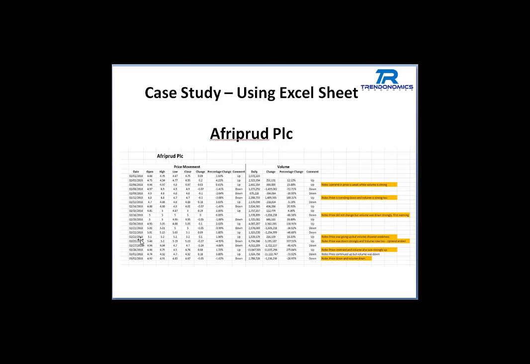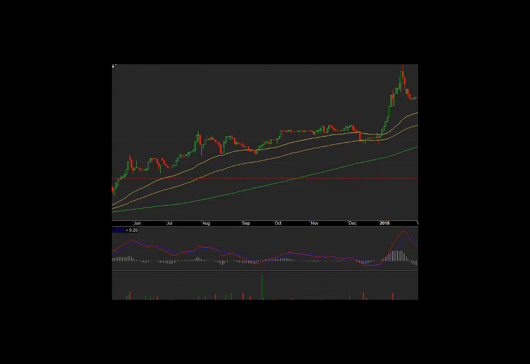But let me also show the charts for this, so that at least, like I said, what the technical analysis part does is just to give us a good visualization of what is happening. It's not anything special.